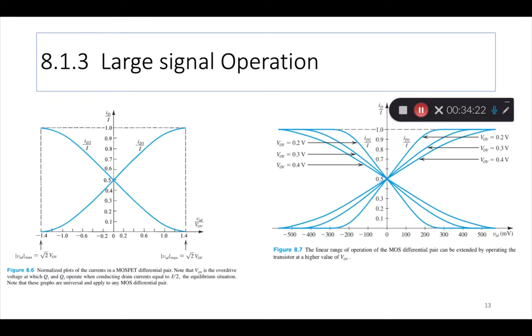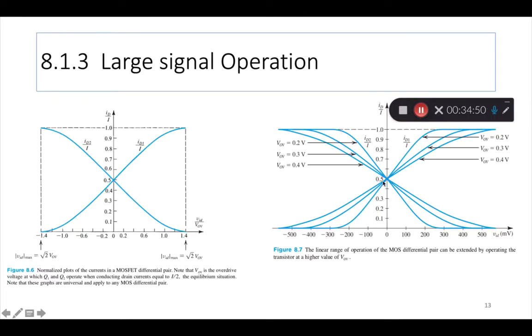How much of it is in Q2, how much of it is Q1. Because that determines the output voltage, the gain. The ratio of the output to input is determined by also the current split. Now, again, this is a nonlinear relationship. Well, it's linear in certain portions, and then it becomes nonlinear here.